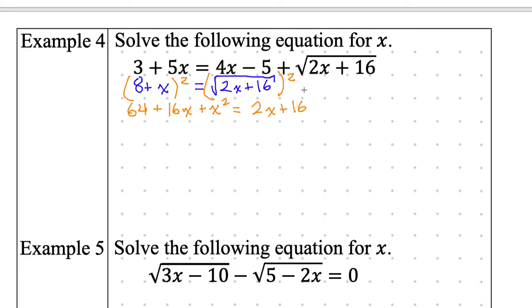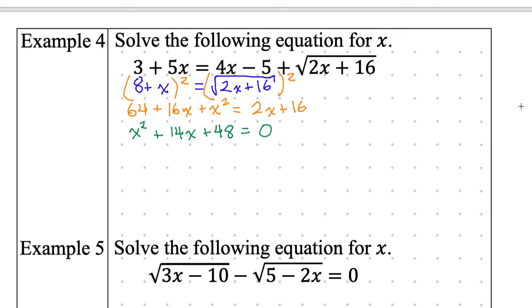Next step, quiet raised hand. Fiona. Minus 16 and minus 2x, which is 64. Wait, x squared plus 14x plus 48 is equal to? Perfect.